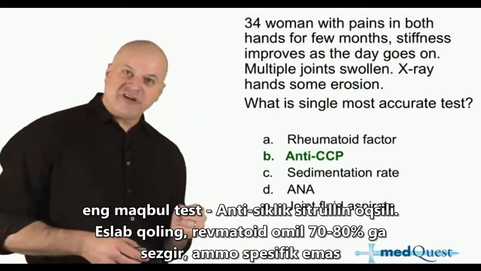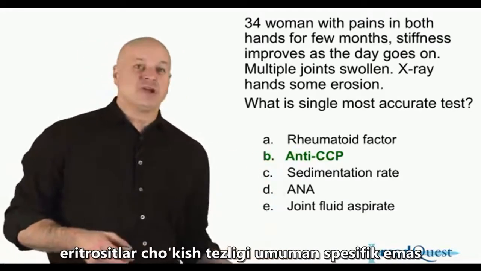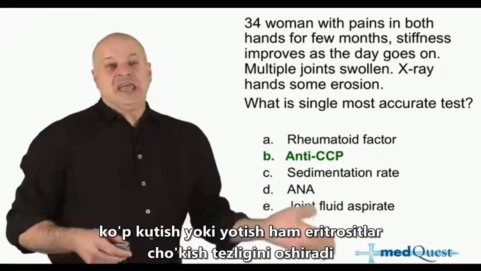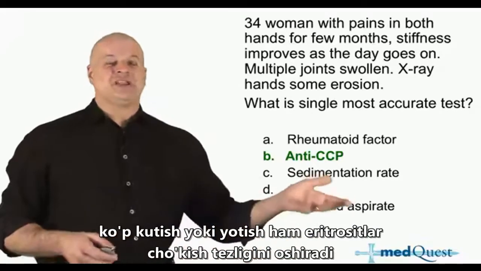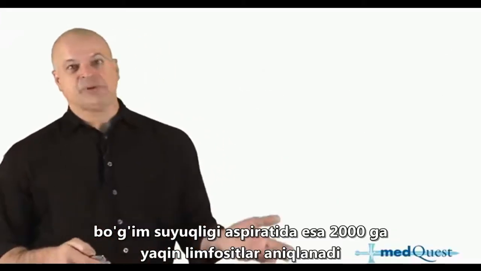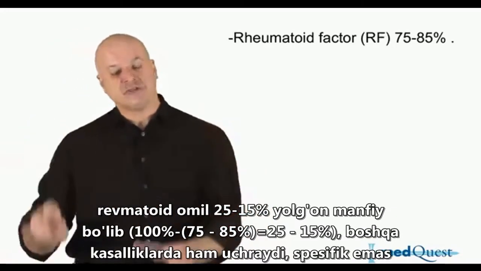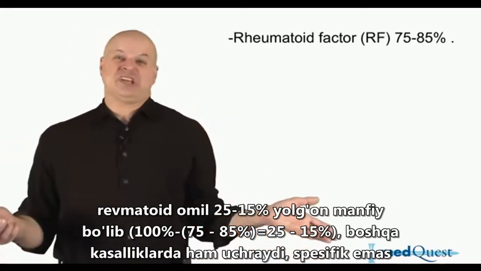Remember, rheumatoid factor is sensitive 70 to 80%, but not specific. SED rate is completely not specific. Okay, waiting in a line too long makes my SED rate go up. ANA is, of course, completely non-specific, and all you see in a joint fluid aspirate is a couple thousand lymphocytes. The rheumatoid factor has a false negative rate of 20%, 25%.